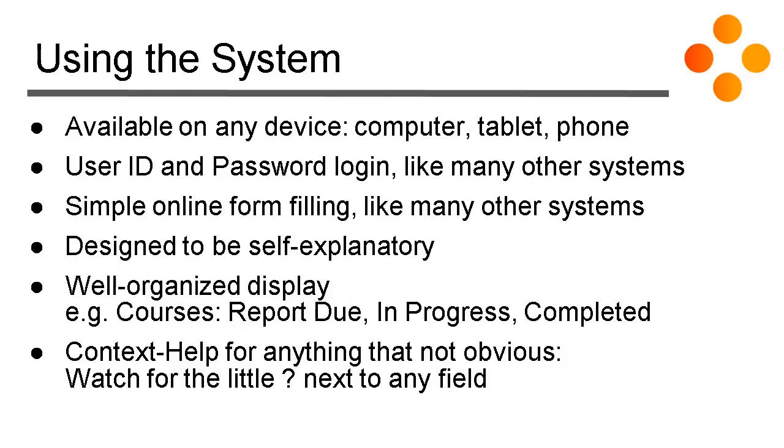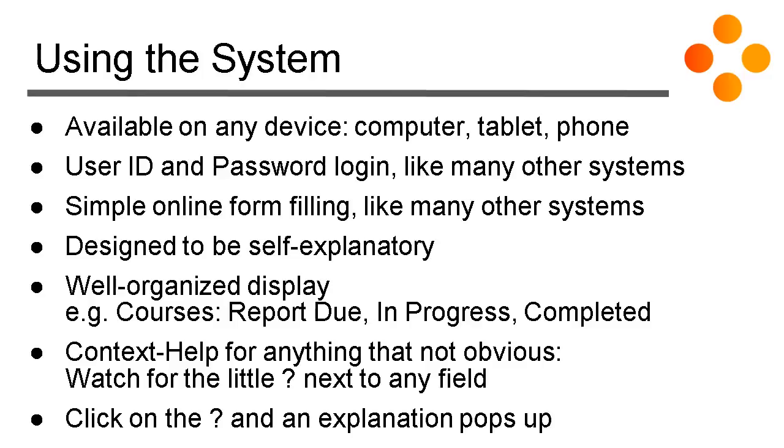Look for a little question mark next to the field name and click on it. An explanation will pop up. All in all, I think you'll quickly get comfortable with it. If you've mastered the information in this presentation, everything you see will make sense to you.